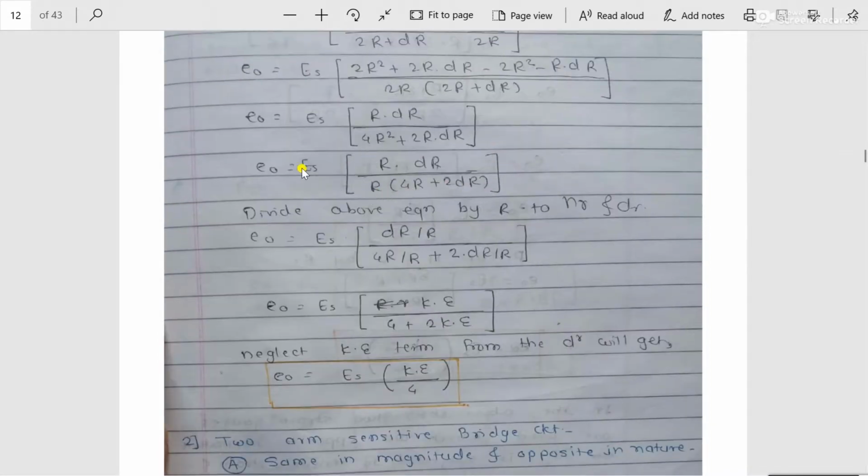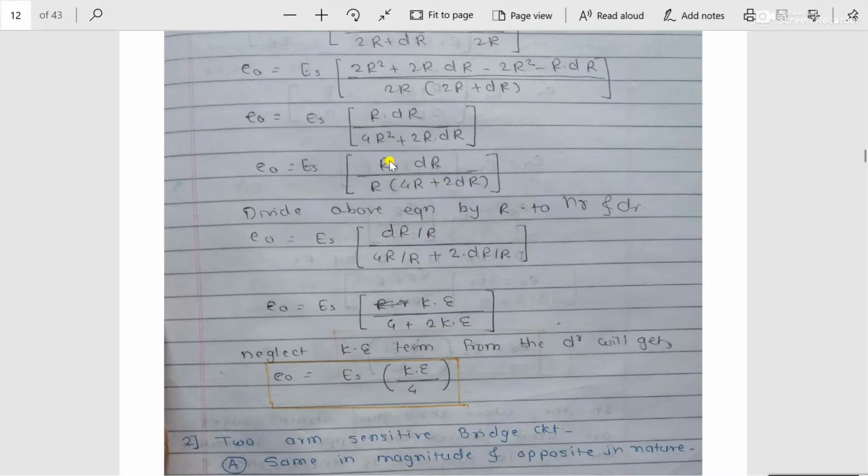Then again that E0 is as it is, epsilon s is as it is, and the numerator term, r into delta r, as it is. In the denominator, in this particular term r is present, and in this term also r is present. So if I take r outside the bracket, from this r square, one r I have taken outside the bracket, so the equation becomes only 4r, plus from this term only a single r is there, I have taken it outside the bracket, therefore it becomes only 2 into delta r.